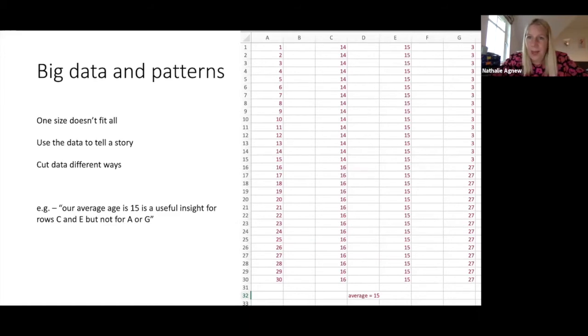If you look at column C and column E, that average age of 15 is actually really useful insight. So if your product's primarily being consumed by 15-year-olds, C and E, that's useful. And then if it was G, the average of 15 is not helpful because you don't have any 15-year-olds on that list and nobody's anywhere near the age of 15.